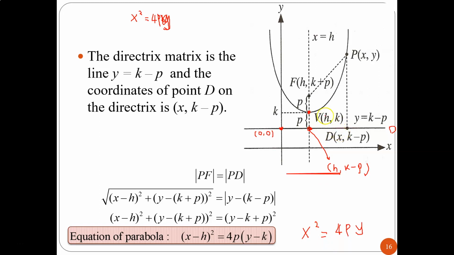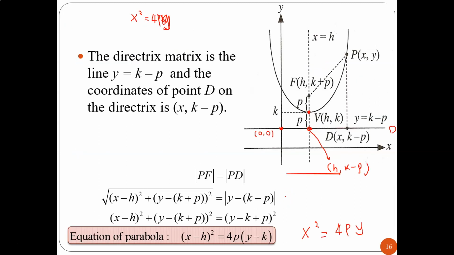Kenapa x minus h? Sebab you ada h square. 4p, still sama, 4p. And then y tu, you kena minus k. Sebab ada k baru dekat sini kan? Okay, so this is your new equation of parabola when you have the vertex h and k.